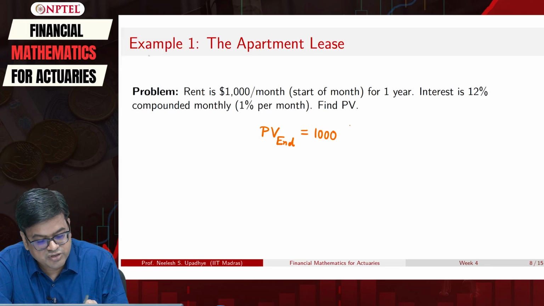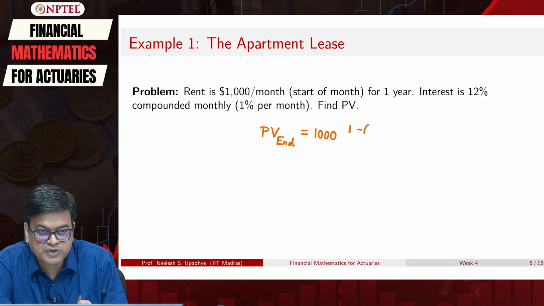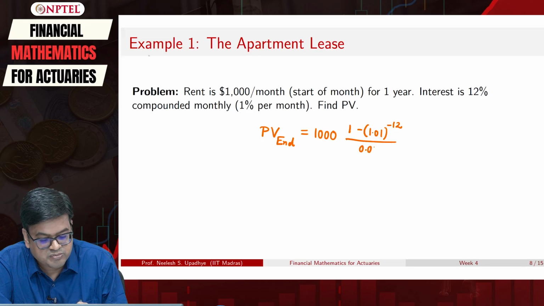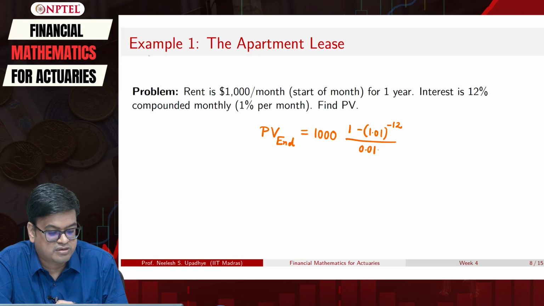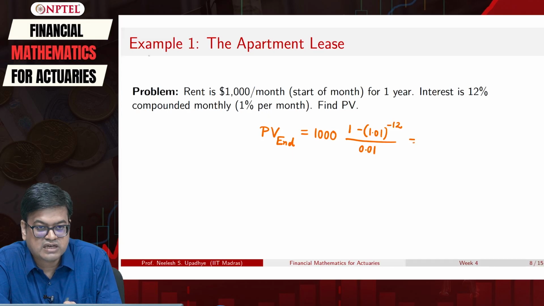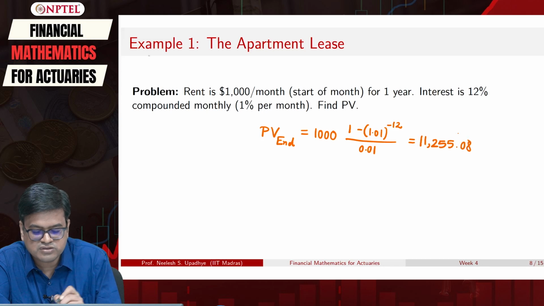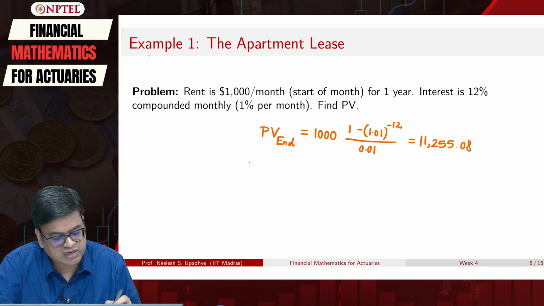So that will give me (1 minus v raised to n), which is 1.01 raised to minus 12, because there are 12 periods, upon the interest rate per month, which is 0.01. Whatever that answer will come out to be, something like 11,255.08. You can solve it using the calculator.